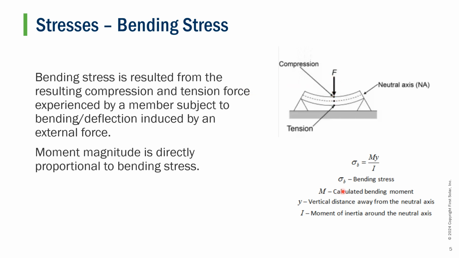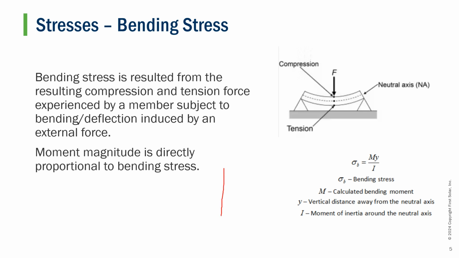And we see that our bending stress is related to the moment experienced by the member multiplied by the vertical distance away from the neutral axis, divided by the moment of inertia.